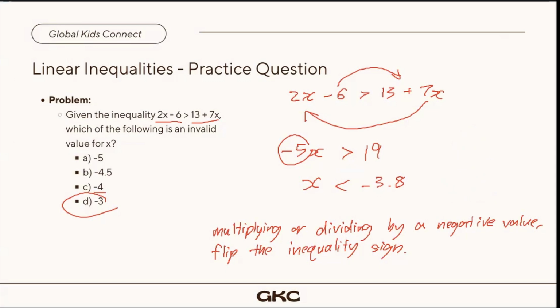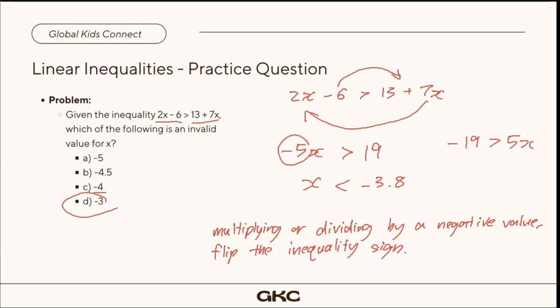sometimes, let's say instead of having the variable on the left side, you first did the variable on the right side. Then you would have gotten 5x, this, and then negative 19. But then let's say, for example, you wanted to have the x coefficient on the left side.